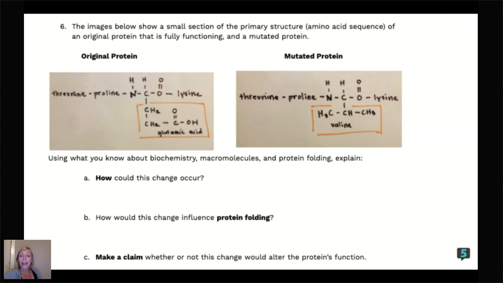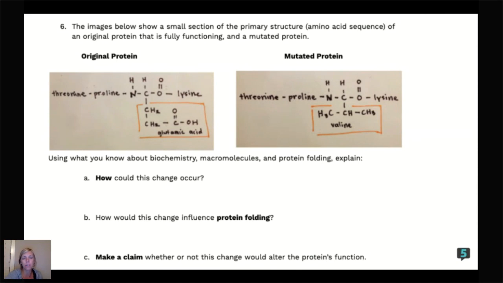Part A, Ari asked how this change could have occurred. Ideally, you would talk about something that went wrong with DNA. Either there was a DNA mutation that is probably a substitution, like a C became a T, and so now the actual code changes.